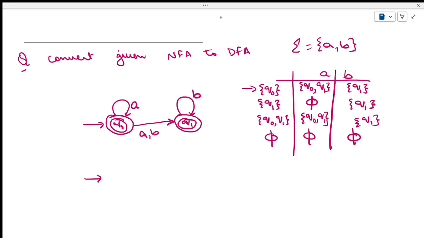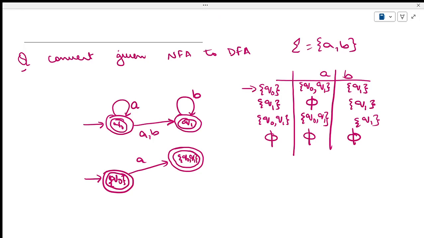Start with Q0. Q0 is the final state in the main diagram, so I'll make Q0 the final state here also. Subset form. And then again see the table. Q0 on reading A is going to state {Q0, Q1}.